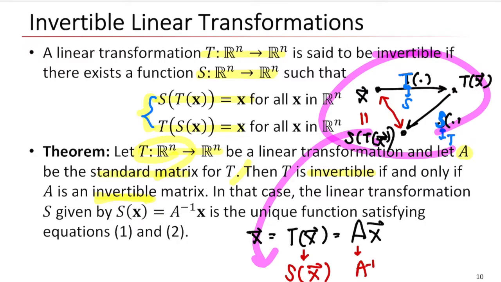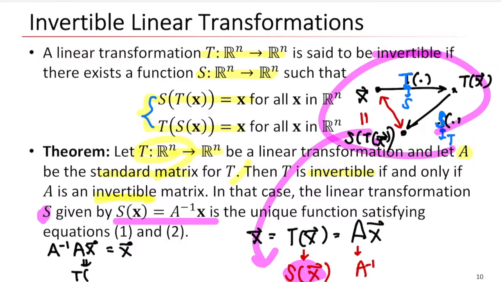In that case, the linear transformation S can be represented like that. So what does it mean? Okay, A inverse applied to AX should give X itself, right?